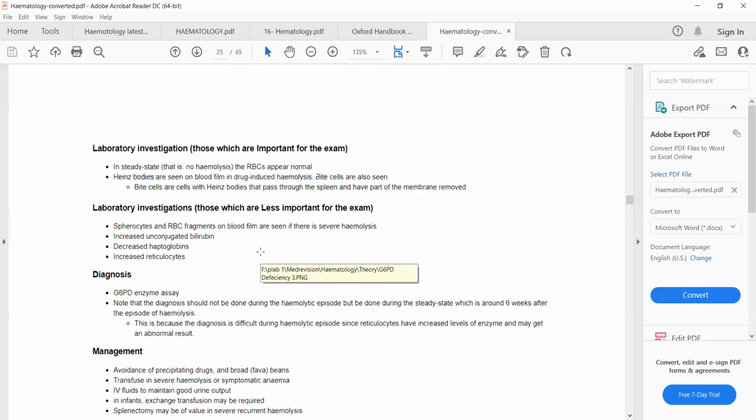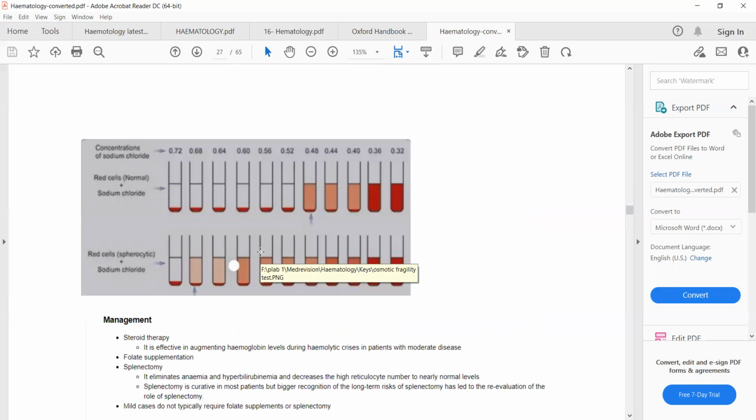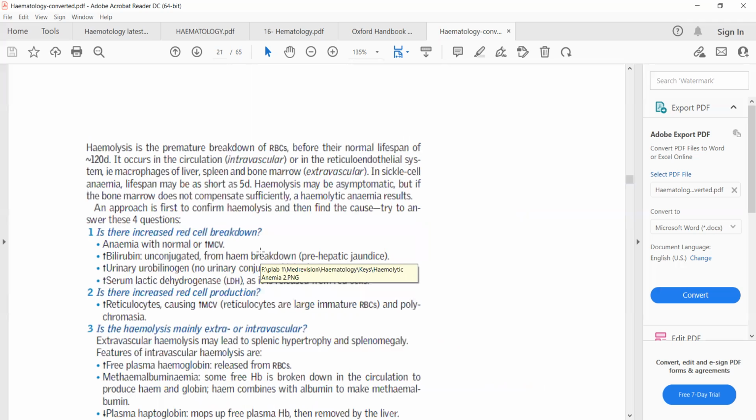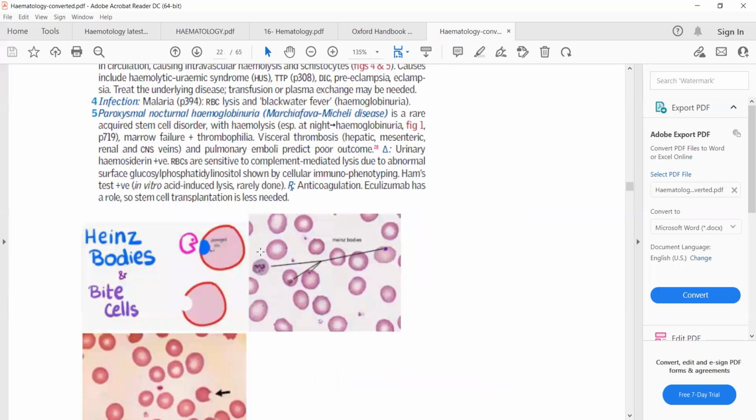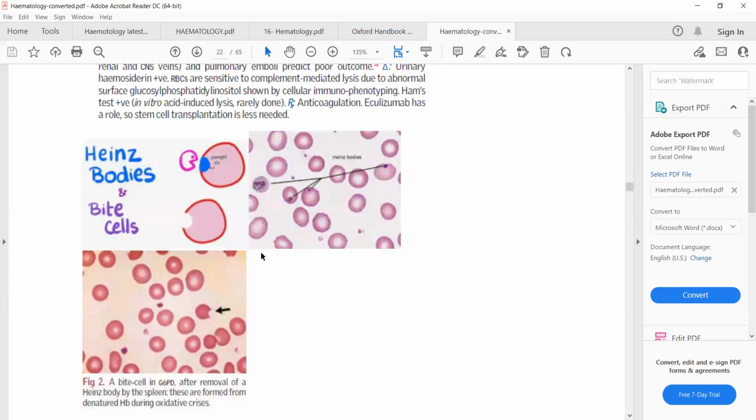So if spherocytes are present on a peripheral blood smear, then it is most likely due to hereditary spherocytosis. Remember that there is one more condition in which we can see spherocytes on a peripheral blood smear, and that is autoimmune hemolytic anemia. So in short, if there are spherocytes on a peripheral blood smear, the diagnosis can either be hereditary spherocytosis or autoimmune hemolytic anemia.